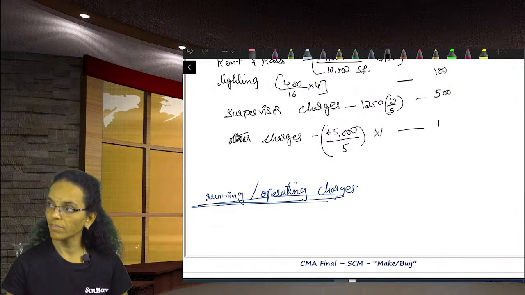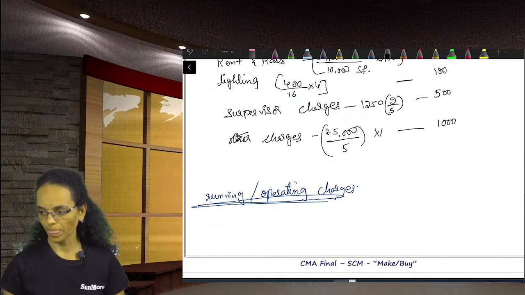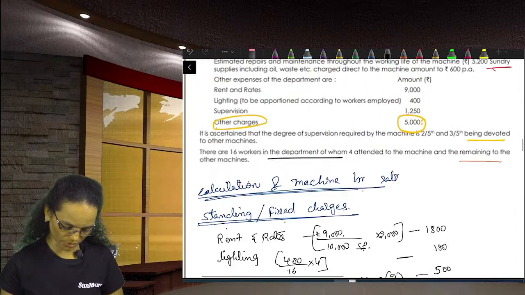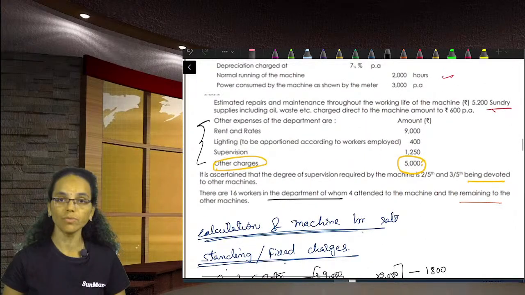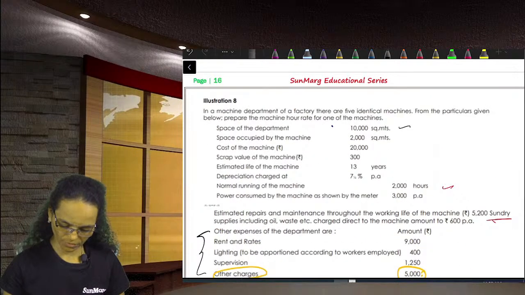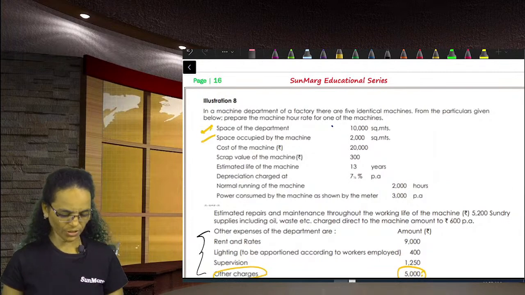It is nothing but 1,000 rupees, right? Total we will see later. This is all the fixed portion. Coming to the variable portion, this one we have already taken into consideration.